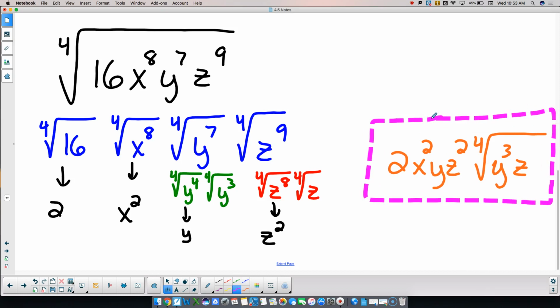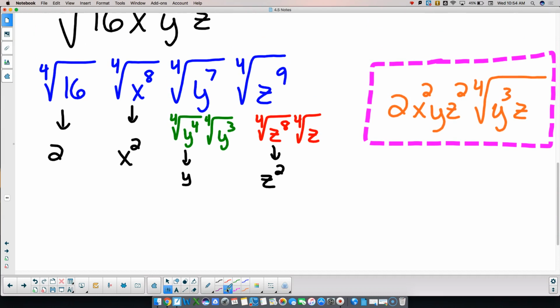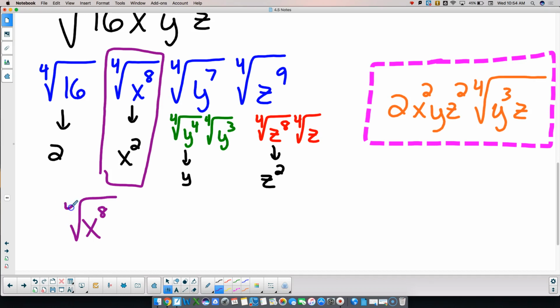If you think about it in terms of exponent form, if I look here at this x part, x to the 8th power and the fourth root thereof, that's going to be x to the 8 over 4 power if I switch it into exponent form from radical form. 8 divided by 4 is 2. Okay? So they have to be multiples in order for them to get released.